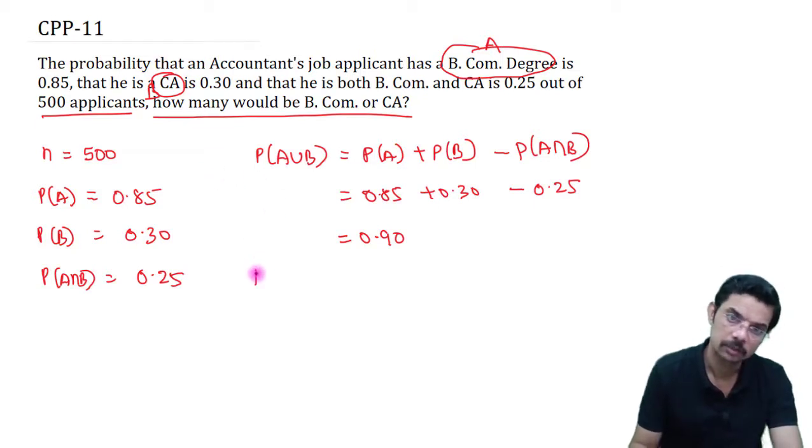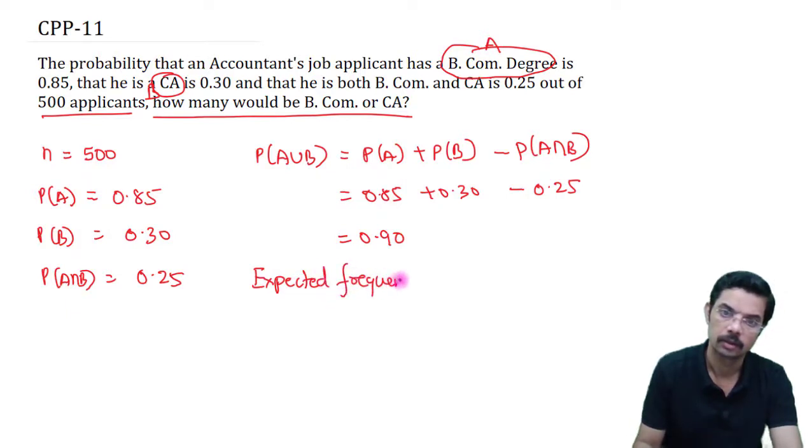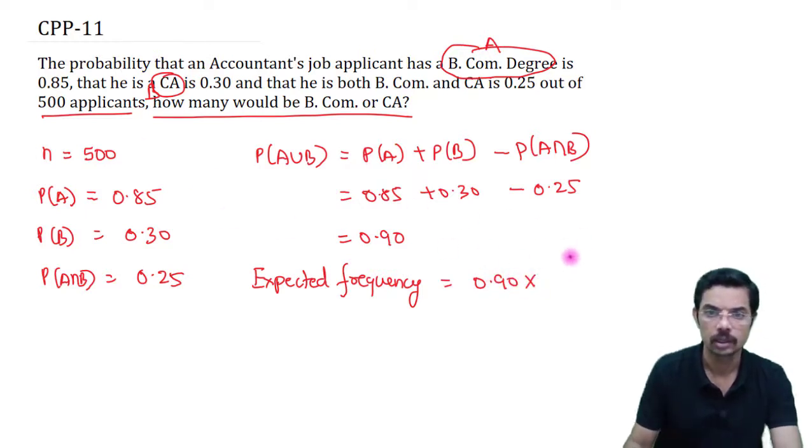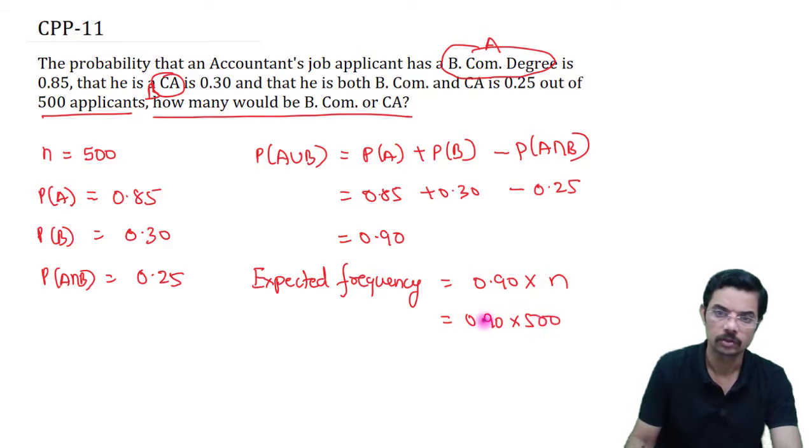So therefore, expected frequency will be equal to 0.90 into total frequency. Okay, it is probability into n. So it is 0.90 into 500. So this will be 9 5s are 45, 450.